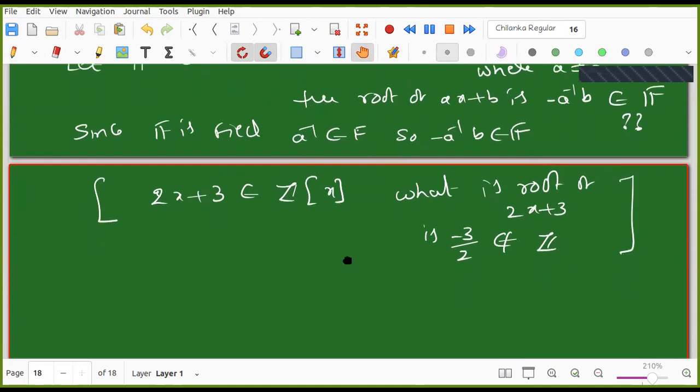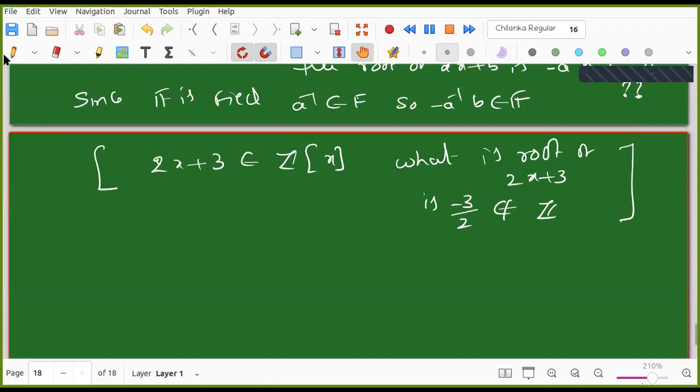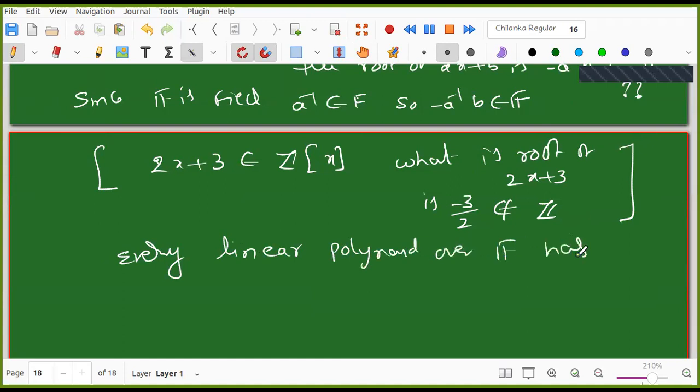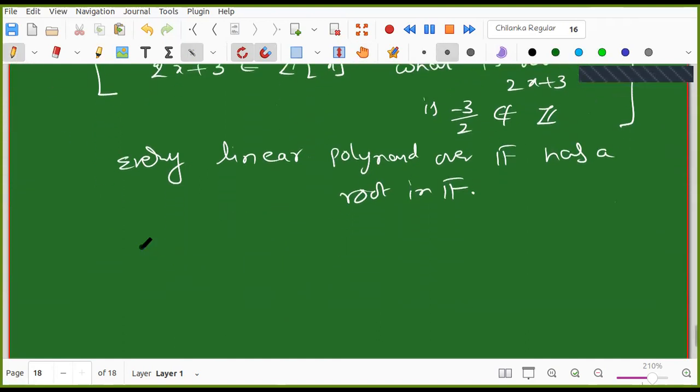So what is the conclusion now? The conclusion is that every linear polynomial over F has a root in F itself, right? Yeah. So now what is the question?